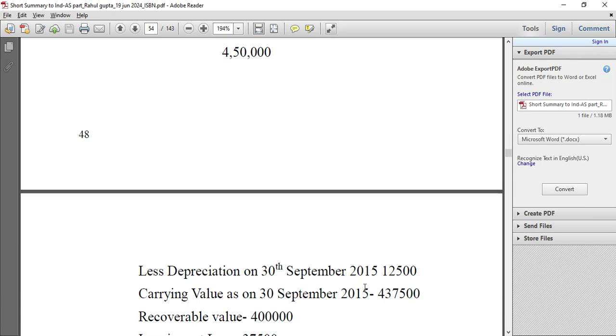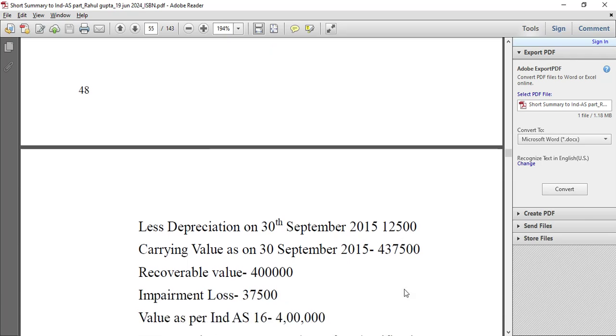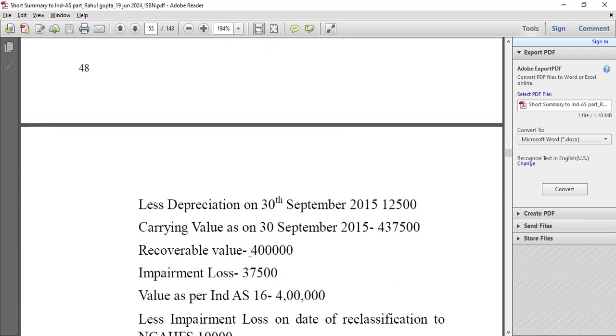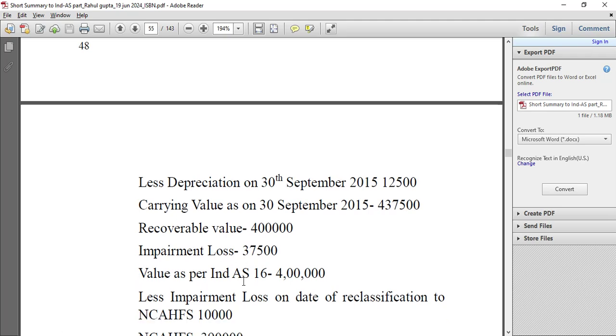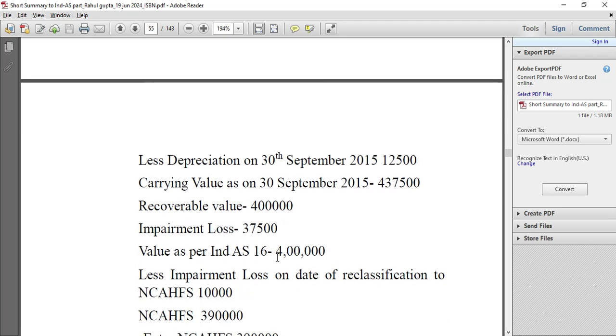Carrying value as on 30th September 2015 is 4,37,500. Recoverable value 4 lakh. Impairment loss 37,500. Value as per Ind AS 16, 4 lakhs.